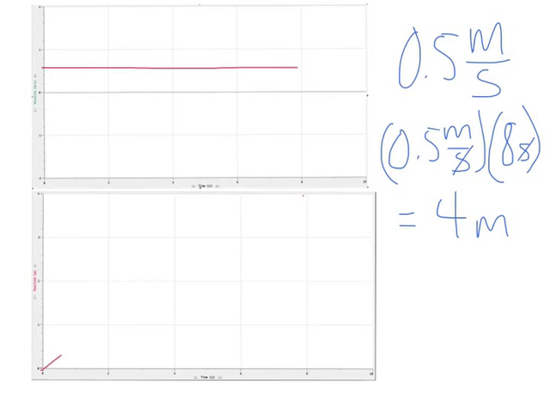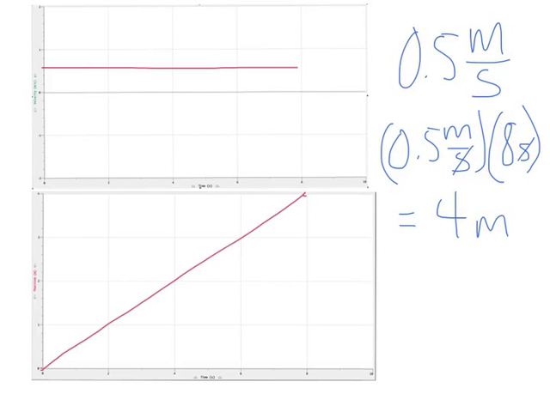So that is going to be my position time graph. The slope of this graph is 0.5. You go up 4 on the y and you go up 8 on the x. It's a slope of 0.5. And so this graph told me I was moving at a constant speed of 0.5.